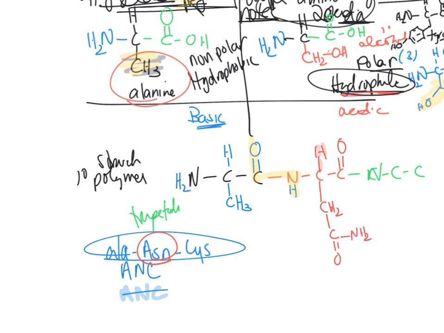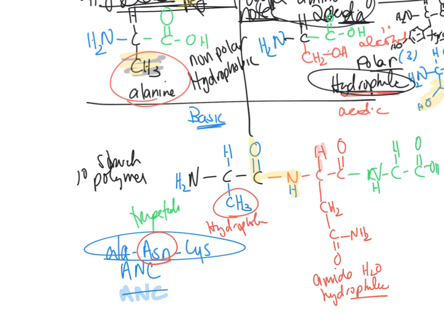Okay, so you see that's an amide. What would an amide be? That would be hydrophilic. Okay, so amides are hydrophilic. It means they're water soluble. All right, and then the CH3 would be hydrophobic. And then we have another one, which would be NH, and then your alpha hydrogen and your carboxylic acid here.